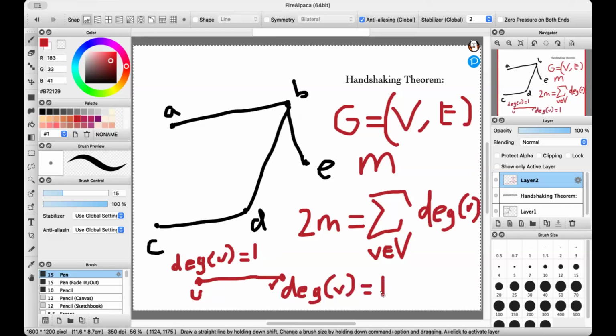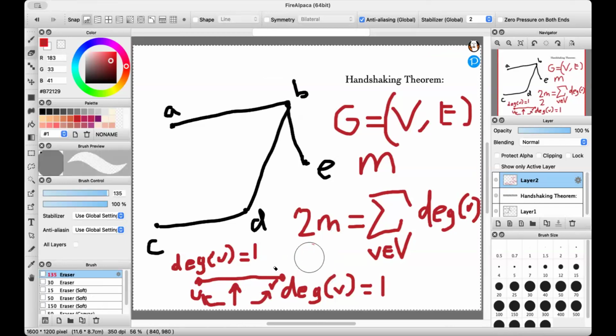If I sum this up, this would be 1 plus 1, which is 2. But I only have one edge here, right? This is because that edge contributes twice because it has 2 endpoints. It contributes a degree here, and it contributes a degree here. So every edge in a graph will contribute twice its number, basically.